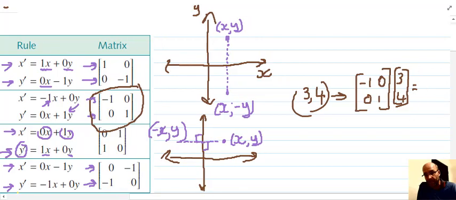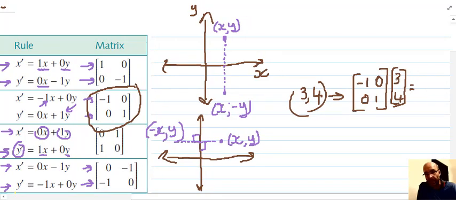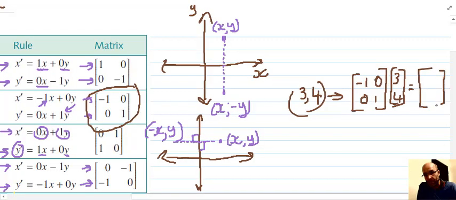Okay, so we'll get another 2 by 1, and we go, okay, so it's negative 3 plus 0, and then 0 plus 4.